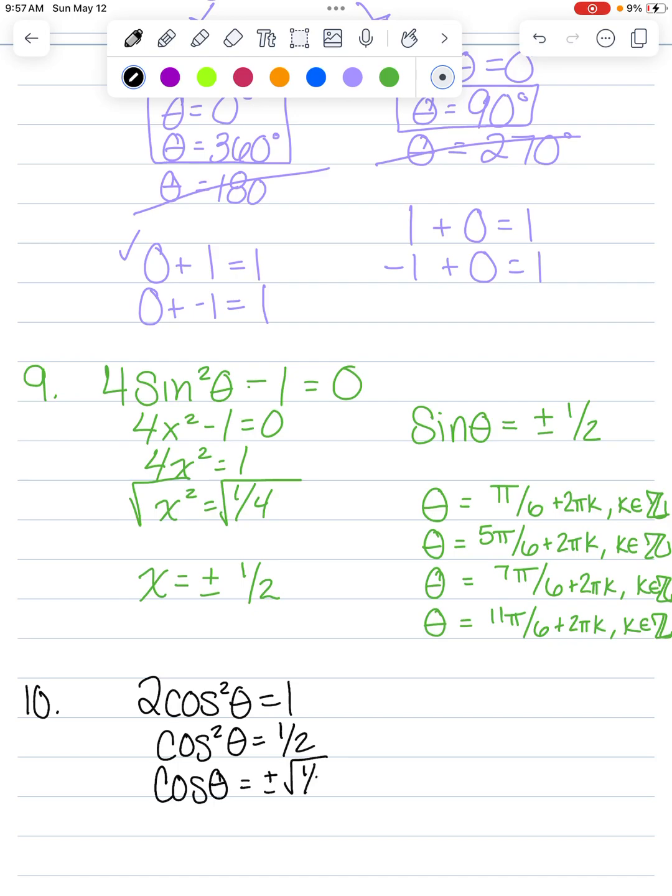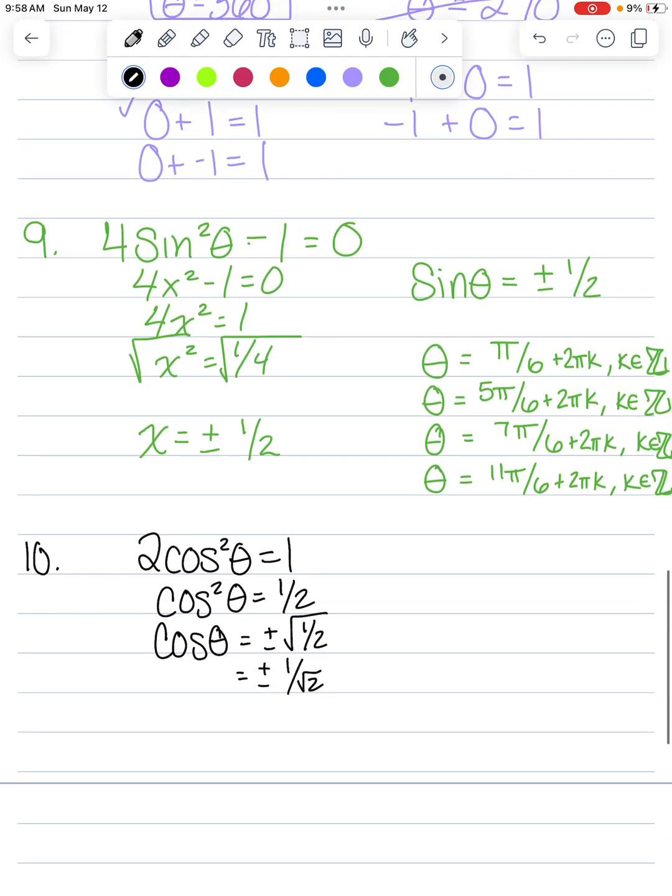Positive and negative square root of 1/2 is positive and negative 1 over the square root of 2. Rationalize my denominator, I get a positive or negative square root of 2 over 2. Okay. Happens for cosine at pi over 4. 3 pi over 4.